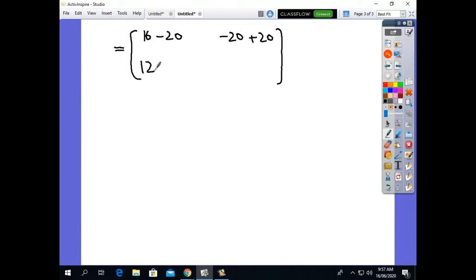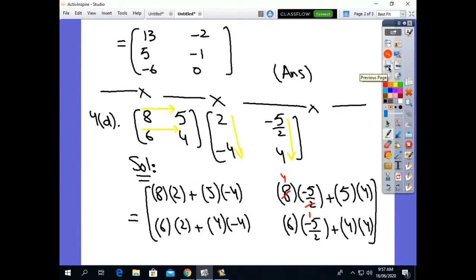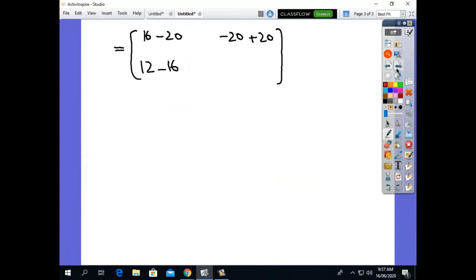It becomes 12 minus 16. At last, we have 2 1 times, 2 3 times. 3 into 5 becomes 15, negative 15, and 4 into 4 becomes plus 16. After simplifying it, we get negative 4, 0, negative 4, plus 1, which is the required product of these two matrices.